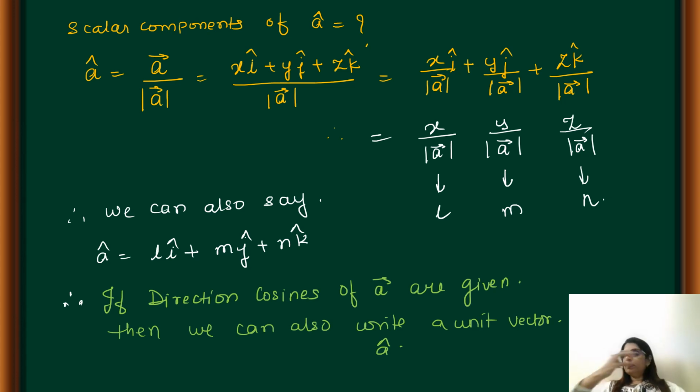We have been seeing about vectors even in the last lesson. Let us now see what is direction ratio and direction cosine of a line.